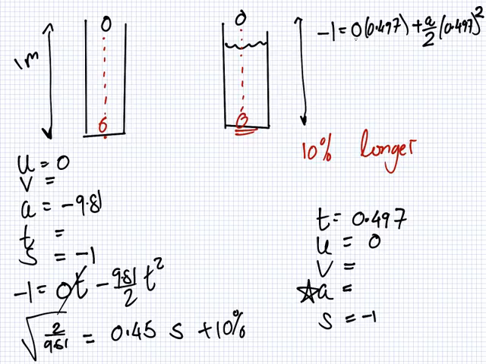Isn't that S equals ut plus a half a t squared? Yeah. So I can get the a from this. Minus 1 times 2 divided by 0.4975 squared. So the a works out to be minus 8.097 meters per second squared, not 9.81.